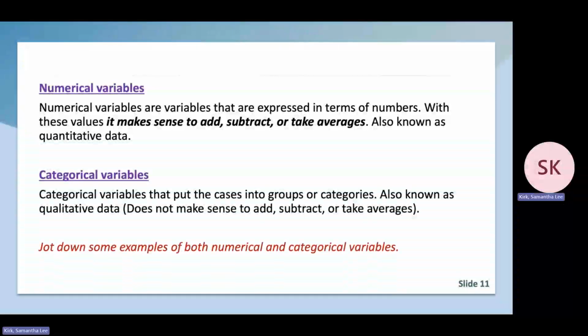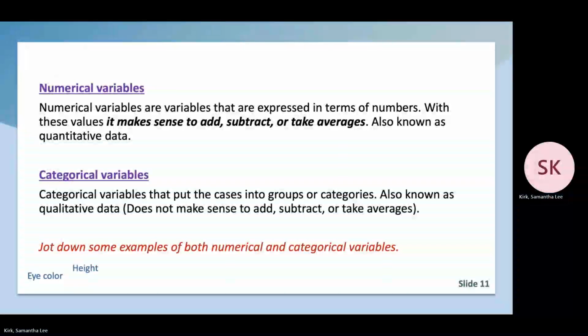So let's jot down some examples of both numerical and categorical variables. Eye color. So if we're thinking about students at ECU, if we have a sample of students, eye color is a variable. This is a categorical variable because it's brown, green, blue. Those are eye colors that are words. So it's definitely not a numerical variable. You can't add brown plus blue and get something in between.